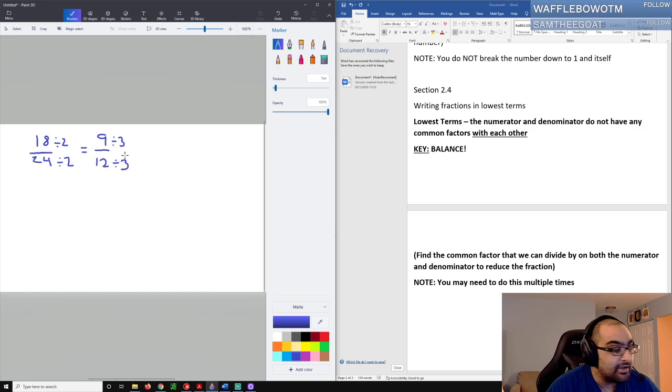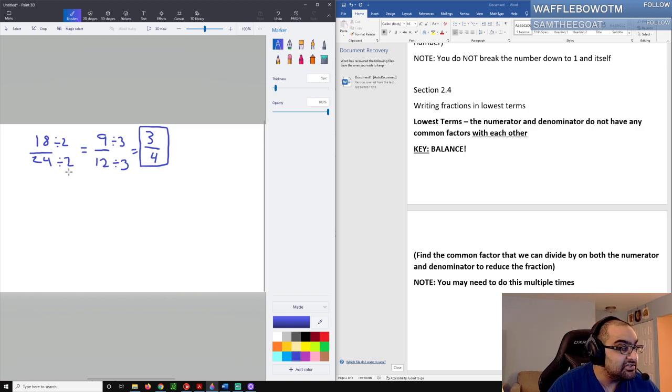Remember, we divide by the same number, and then you just do that straight across. We get 3 and 4, so we get 3/4. And at the end, you could ask, is there anything in common between 3 and 4? The answer is no. So this would be your answer, your fraction in lowest terms, and that would be how you arrive at your final answer.